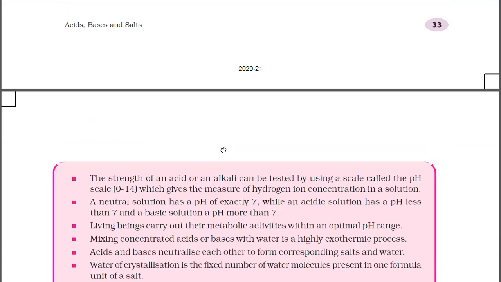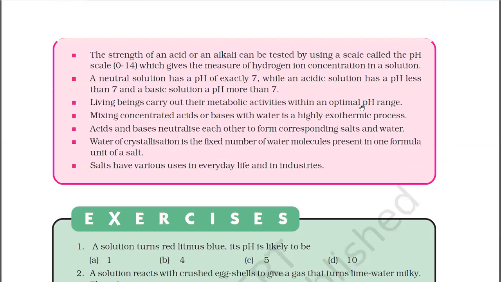The strength of an acid or an alkali can be tested by using a scale called the pH scale, which gives the measure of hydrogen ion concentration in a solution. A neutral solution has a pH of exactly 7, while an acidic solution has a pH less than 7, and a basic solution a pH more than 7. Living beings carry out their metabolic activities within an optimal pH range.